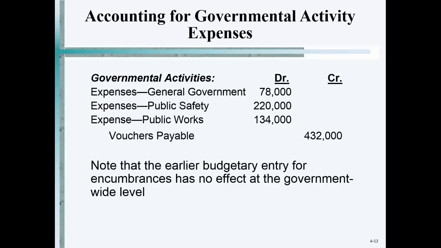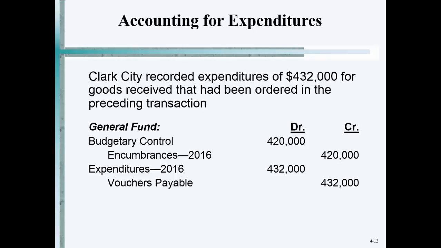Now you come over, and they showed us that at the government-wide level for our statement of activities, because we report our expenses by program, we would debit expenses for whatever we were spending that money on. Remember, public safety was a program? So we're simply showing you that at the government-wide level, we would call out our expenses by program, right? Fund level, debit the expenditure, credit voucher payable.